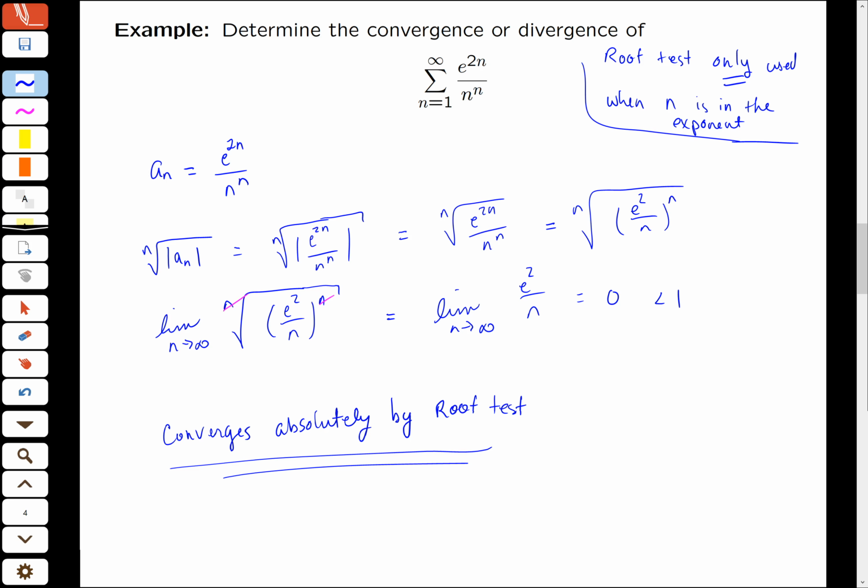Any questions on that? Okay. Question? So you can still use the ratio test on this too, right? Yes, you could. Whenever you have n in the exponent, it's easiest to use your root test. But if you don't have n in the exponent of everything, then your ratio test is easier. It needs to be in the exponent of everything.